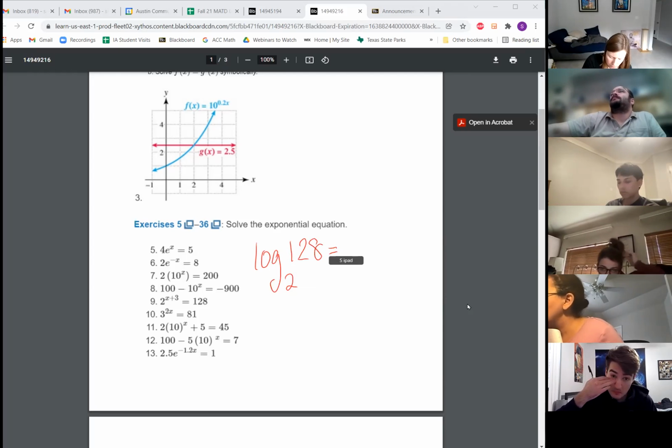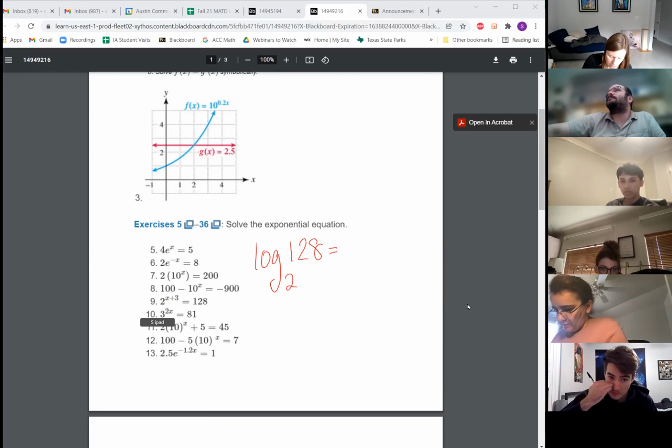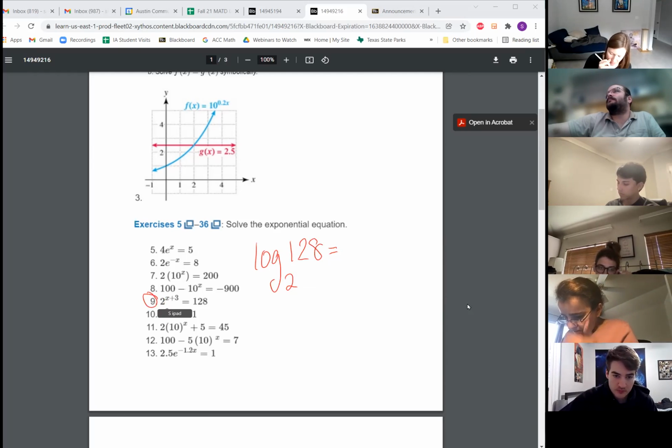So how did you get to log base 2? Did you take log base 2 of both sides? How did you get that log base 2 of 128? Because I knew that if you do 2 to the power of x plus 3, it equals 128. And then how did you go from that to log base 2 of 128?